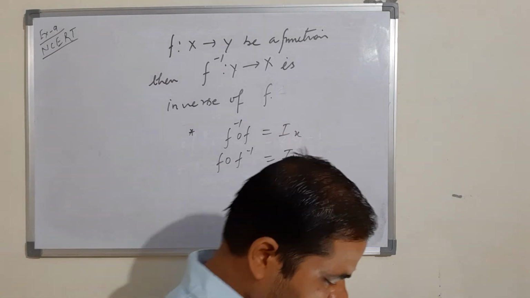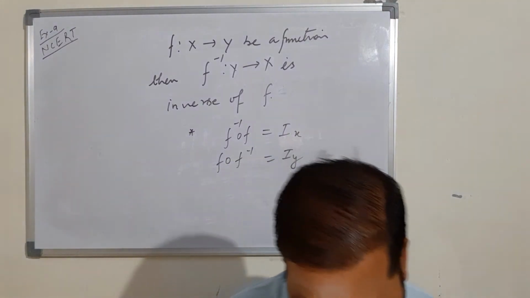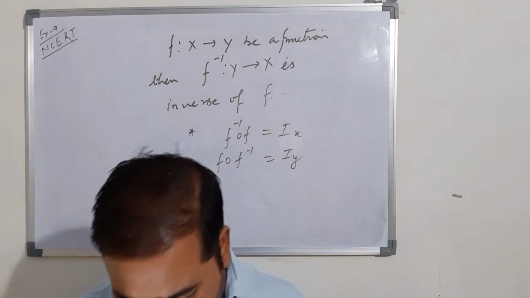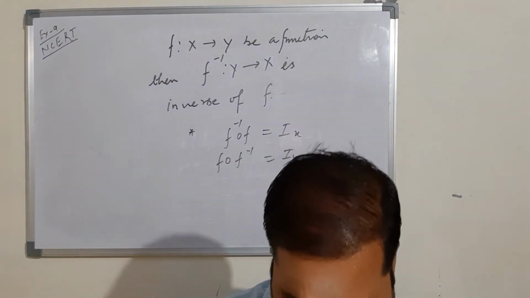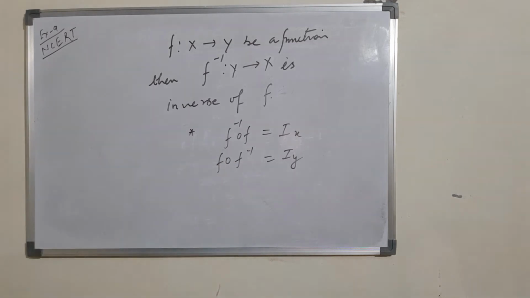This is a question also asked in board. So example number 25 from NCERT. If f from N to R be a function defined by f(x) is equal to 4x square plus 12x plus 15.